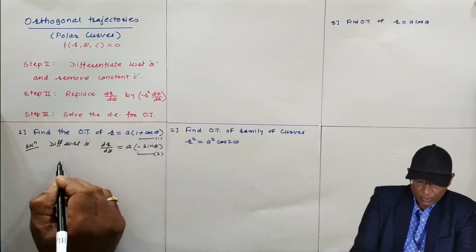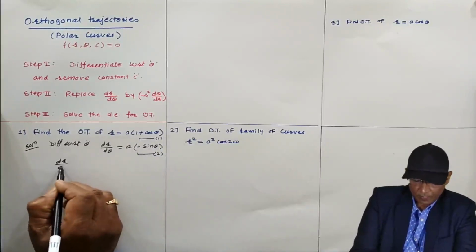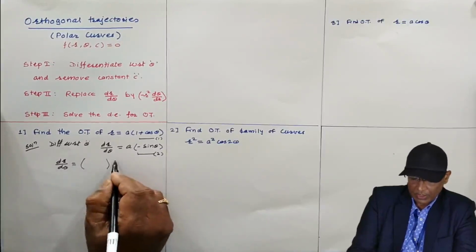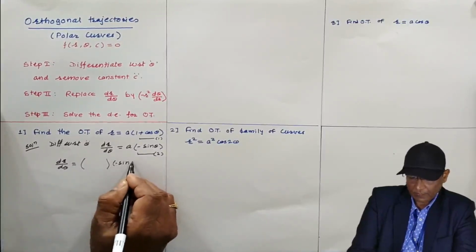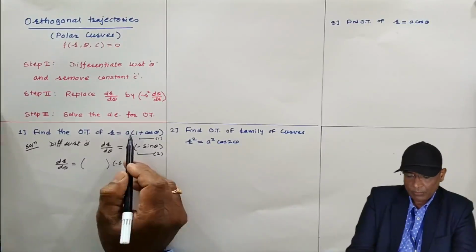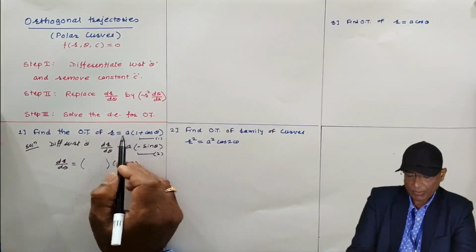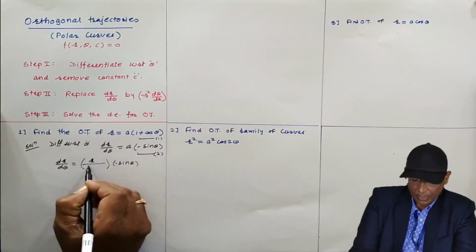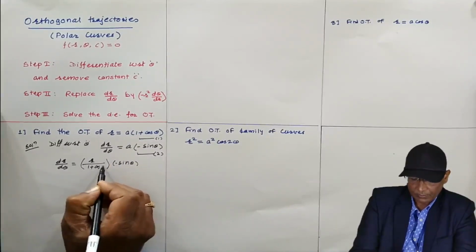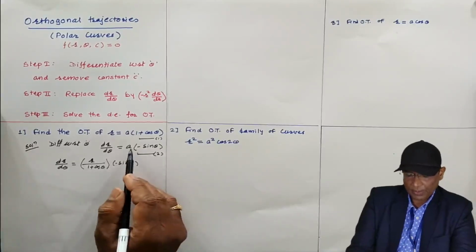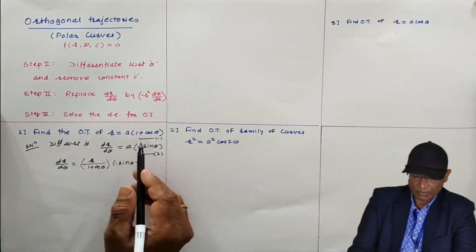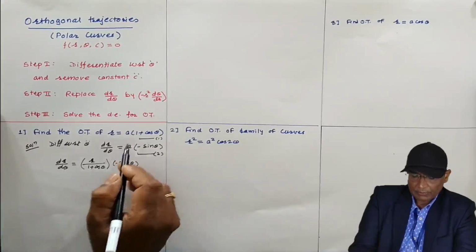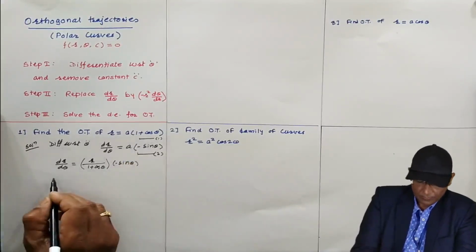What I am going to do is find the value of a from equation 1. The value of a will be r divided by 1 plus cos theta. Dr by d theta equals a times minus sin theta. You can also find the value of a from here and put it here; that way you can do it. So this is the differential equation of the given family of curves.